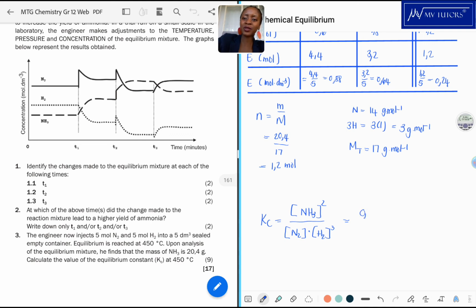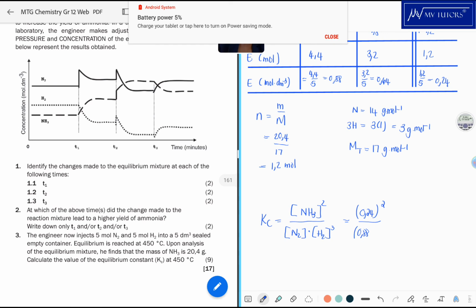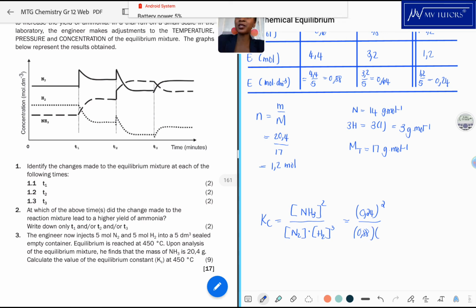And so we have 0 comma 24, all of it is squared. Okay, our nitrogen, we have 0 comma 88. Oh no, the battery. Wow. Okay, and then for the hydrogen, we have 0 comma 64, and that is to the power 3.